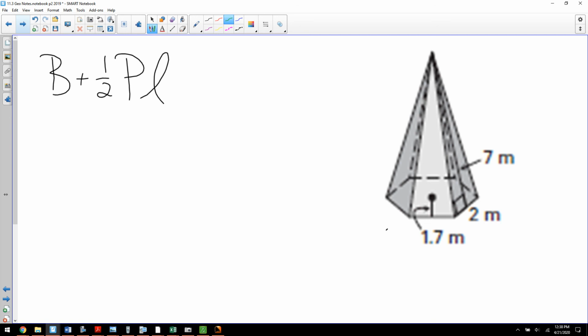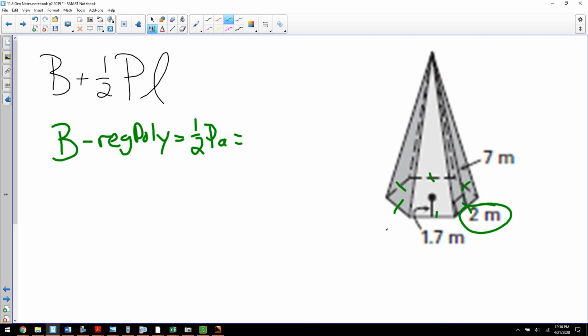Again, this one here, your base is a hexagon, because you see you've got 1, 2, 3, 4, 5, 6 sides to it. So our big B is a regular polygon, so that's going to be 1/2 perimeter times apothem. Well, we have 6 sides of 2, and this 1.7 being drawn here is going to be your apothem.